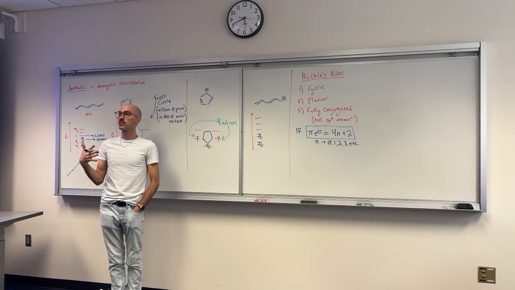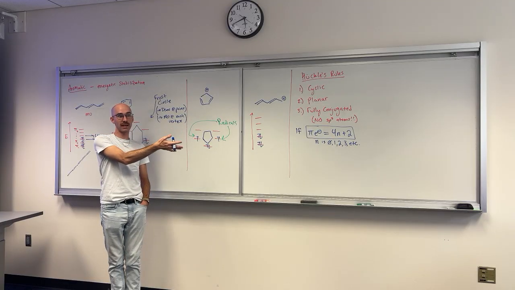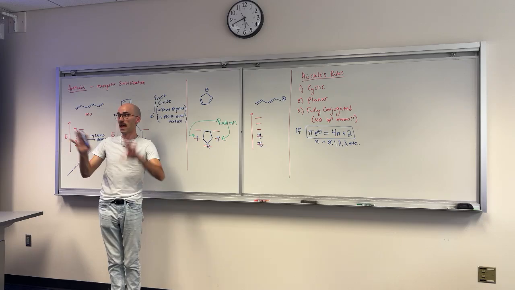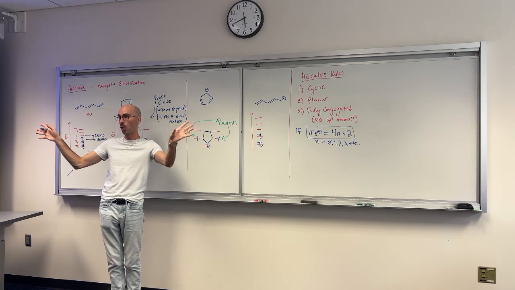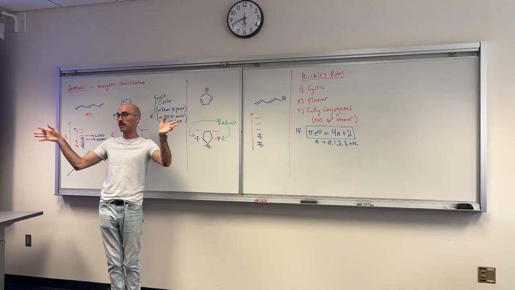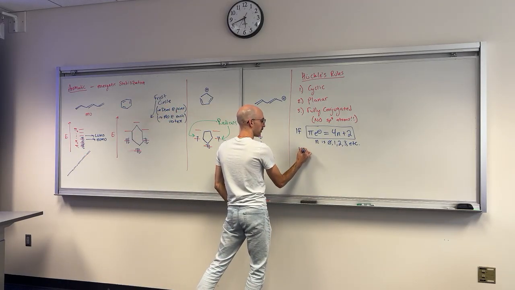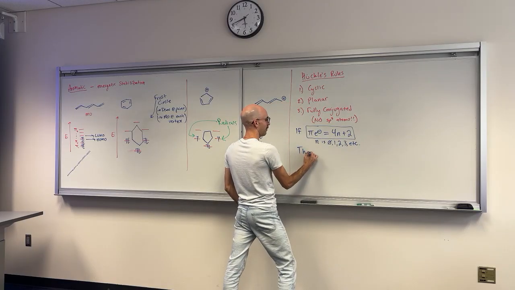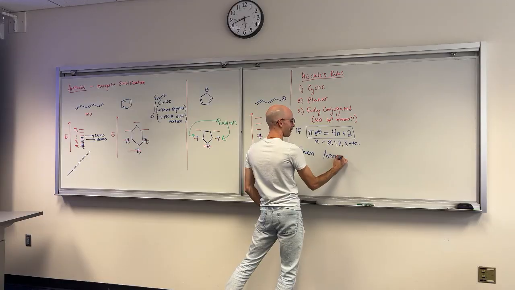You're just checking whether there is a way to solve this equation with the number of pi electrons. N means nothing. But if there is no whole number value of n that can be plugged in, then it doesn't work. Then the compound is labeled as aromatic.